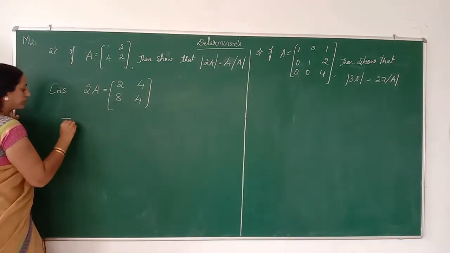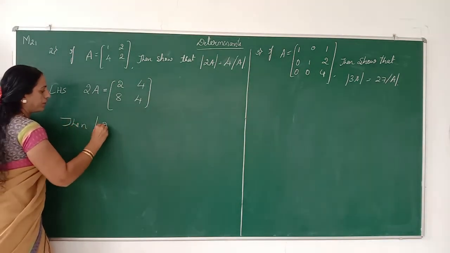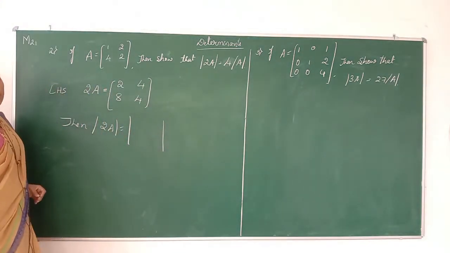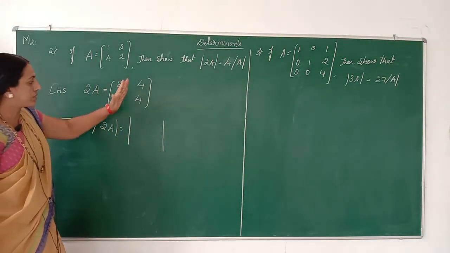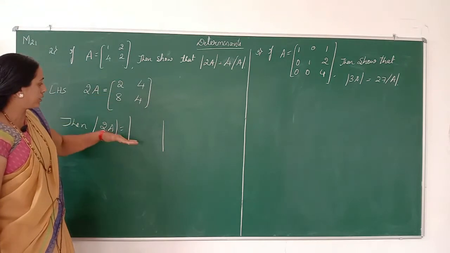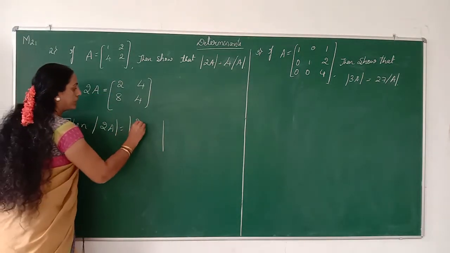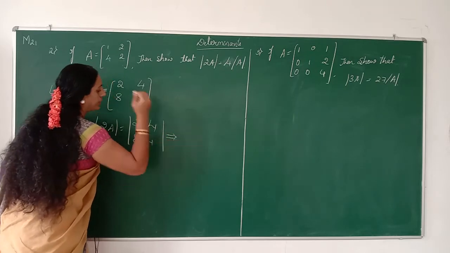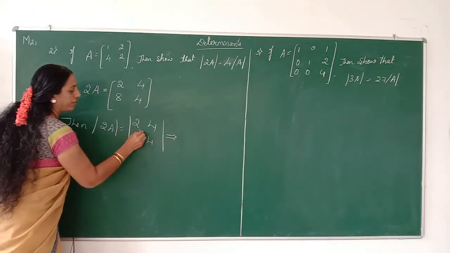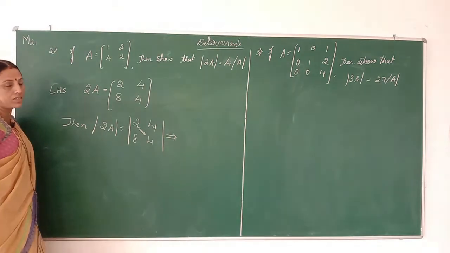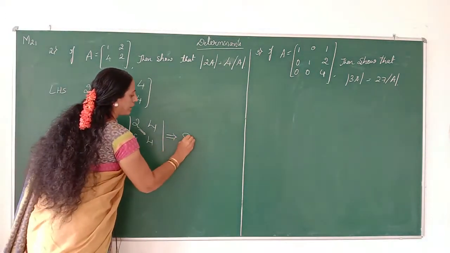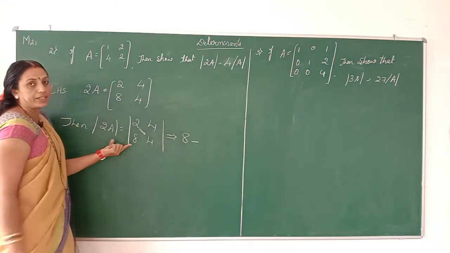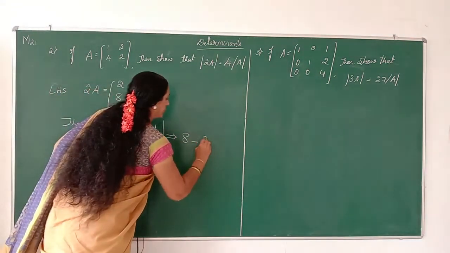Then determinant of 2A: these elements are enclosed in the form of a determinant, that is 2, 4, 8, 4. So we will simplify. First, the product of the left to right diagonal: 2 into 4 is 8, minus the product of the right to left diagonal, 8 into 4.